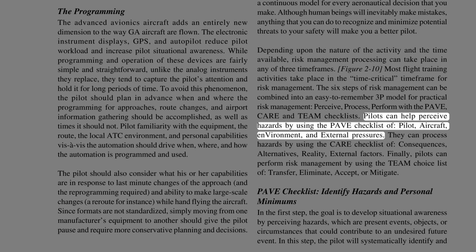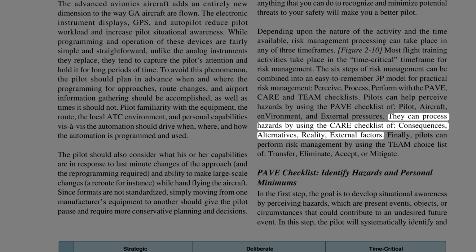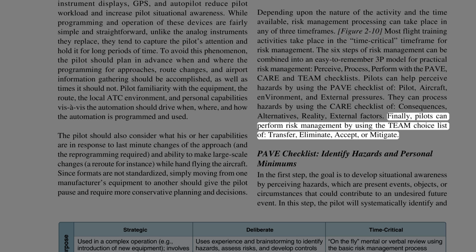Pilots can help perceive hazards by using the PAVE checklist of pilot, aircraft, environment, and external pressures. They can process hazards by using the CARE checklist of consequences, alternatives, reality, external factors. Finally, pilots can perform risk management by using the TEAM choice list of transfer, eliminate, accept, or mitigate.